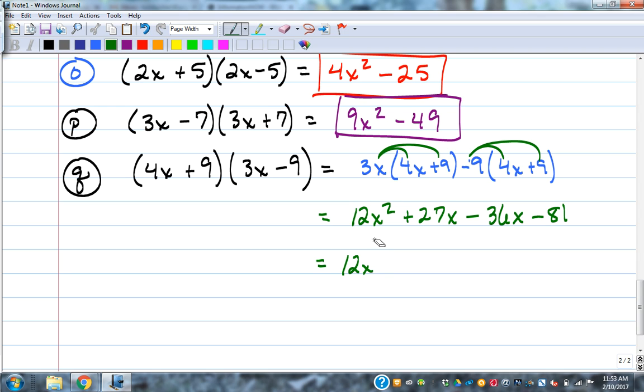Try again. Minus 9x, because 27 and 36 are 9 apart. And then minus 81.